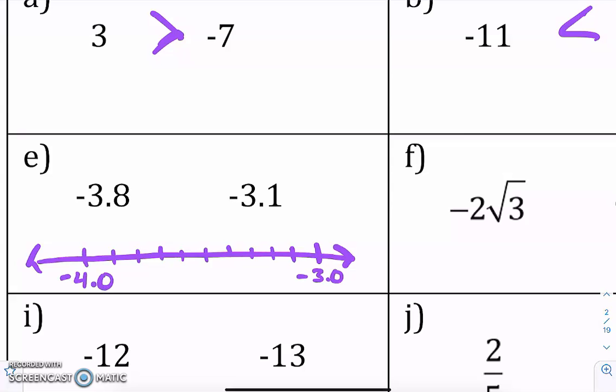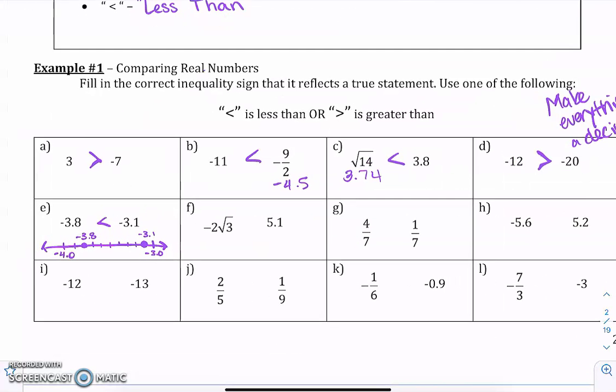Negative 3.1 would be right here. Negative 3.8 would be right there. So the furthest left is less. I just think that's easier to remember because of L and L, left and less.